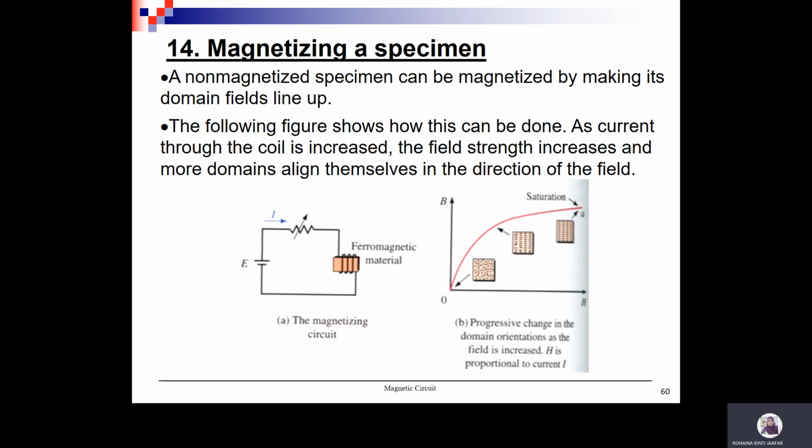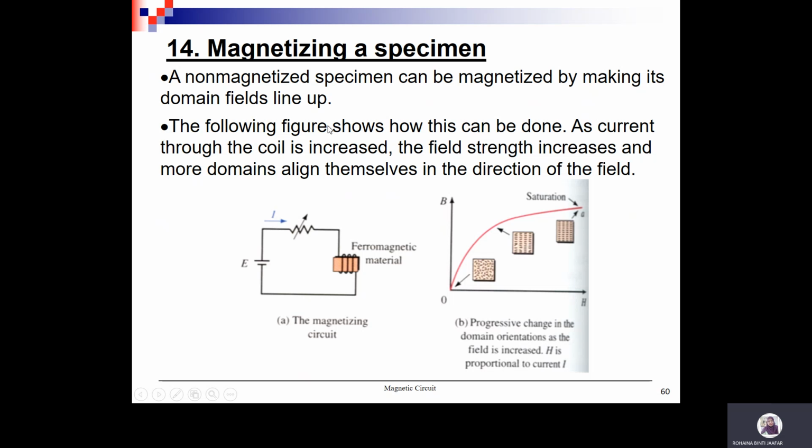Okay, this is what I already explained before. At the beginning, the direction of the arrows at the atomic level is scattered. Once you apply the current, you can see that the arrows will move into one direction.